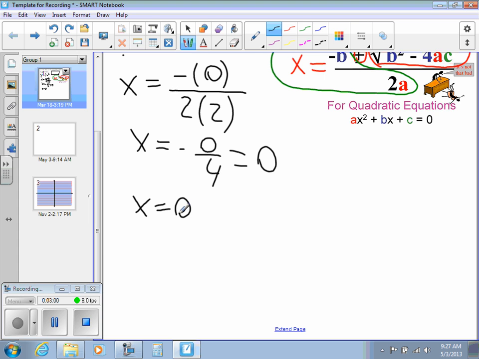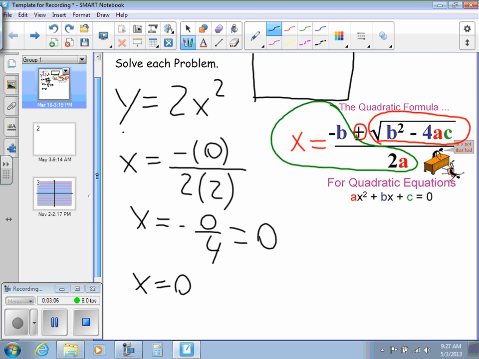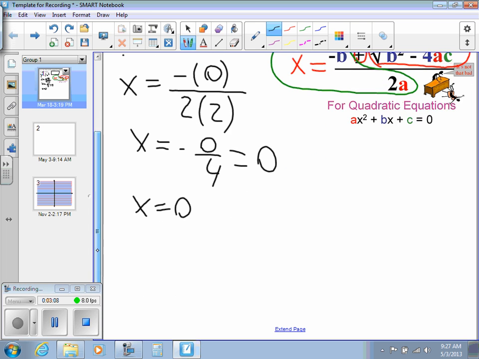We need to plug this 0 in for x into the original equation to be able to solve. So now we have y equals 2, and then we'll plug in a 0 for x squared.